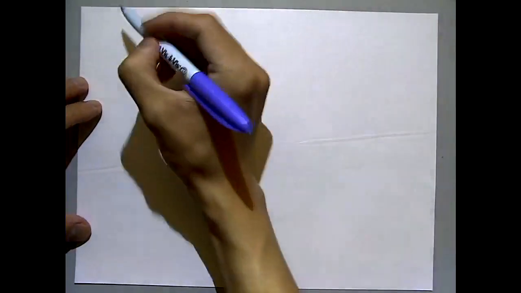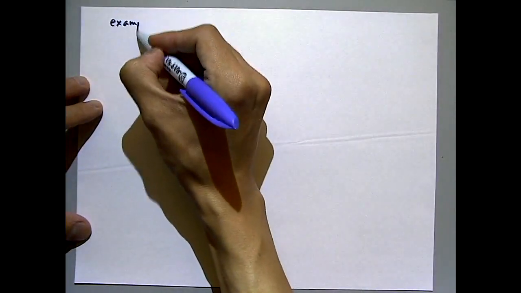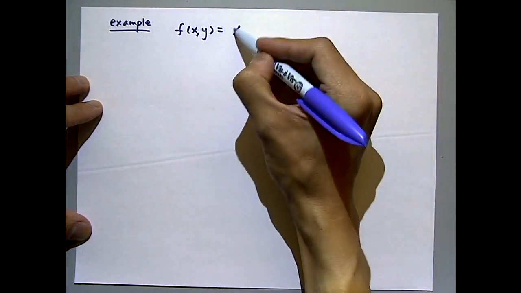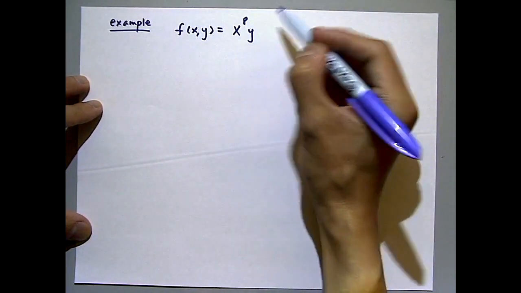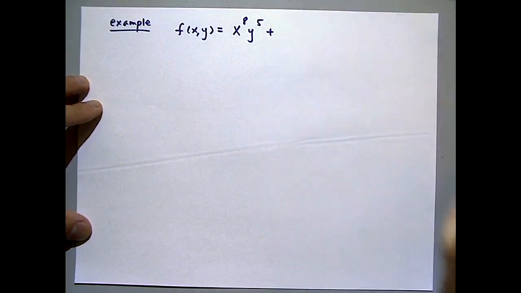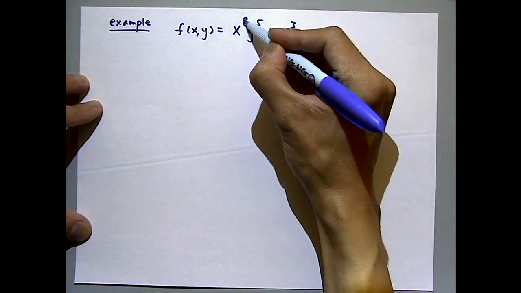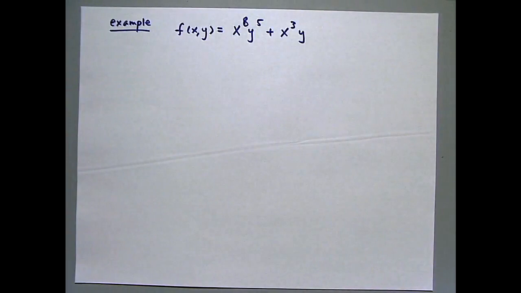Okay, example. f of x, y is equal to x to the 8th y to the 5th plus x to the 3rd y to the 1st. And let's find the two partial derivatives.